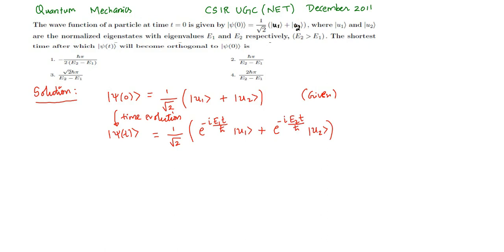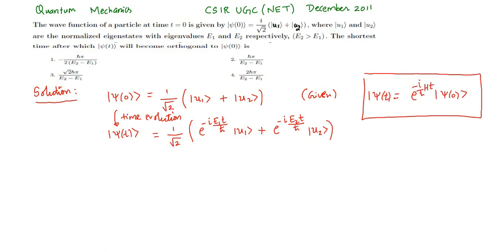We know that in the time evolution, psi at time t is equal to e power minus i by h bar Ht acting on psi at time 0, that gives you psi at later time. Since u1 is a normalized eigenstate of H with eigenvalue E1, you will get e power minus i E1 t by h bar, and for u2, e power minus i E2 t by h bar. So this is what you will get.